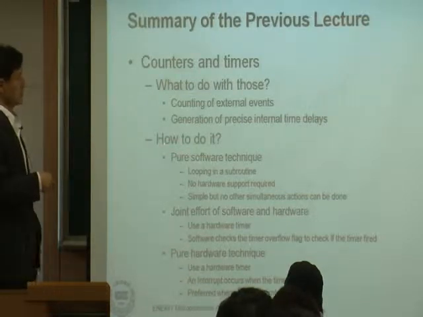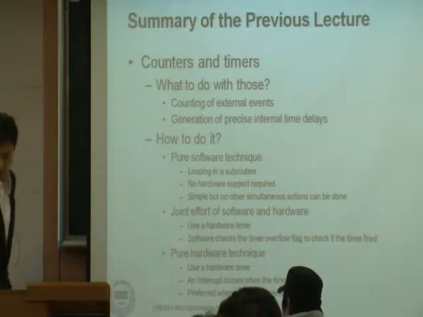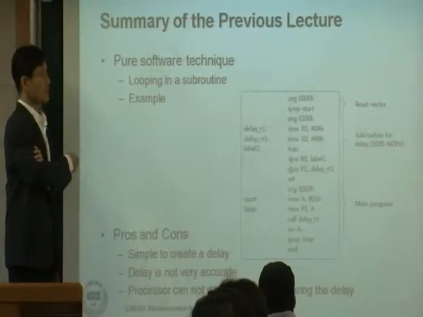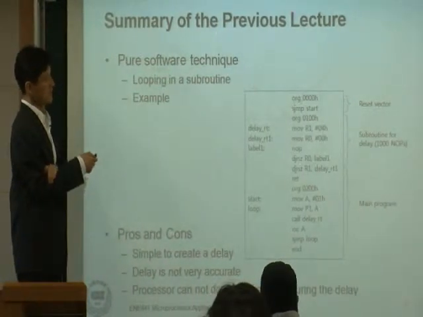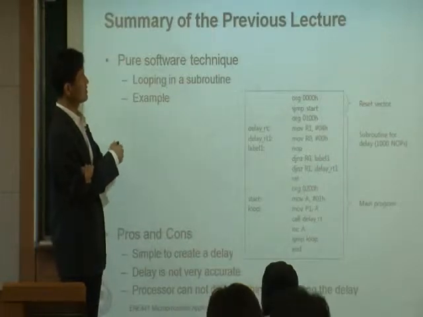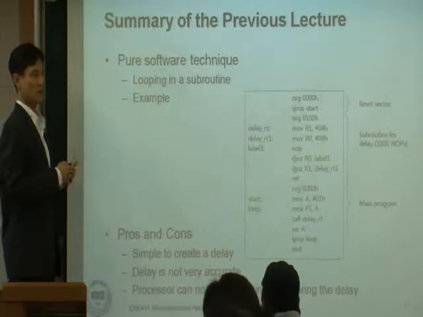So there are 3 different ways to do this. Let me review one by one. In order to measure a certain delay, the easiest way is to use a pure software technique. Since this is a software technique, it has nothing to do with any hardware.